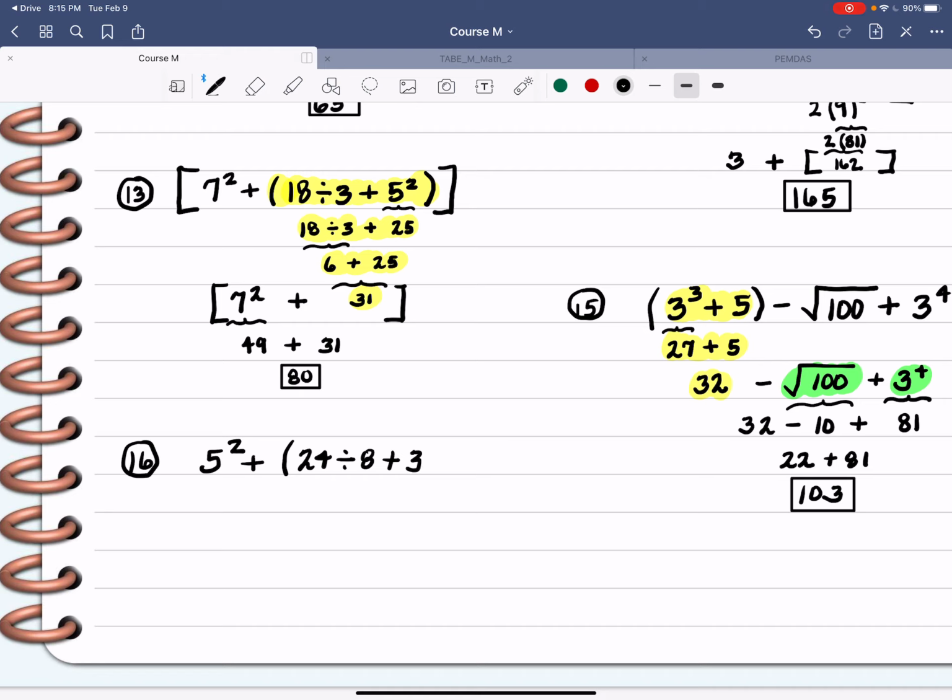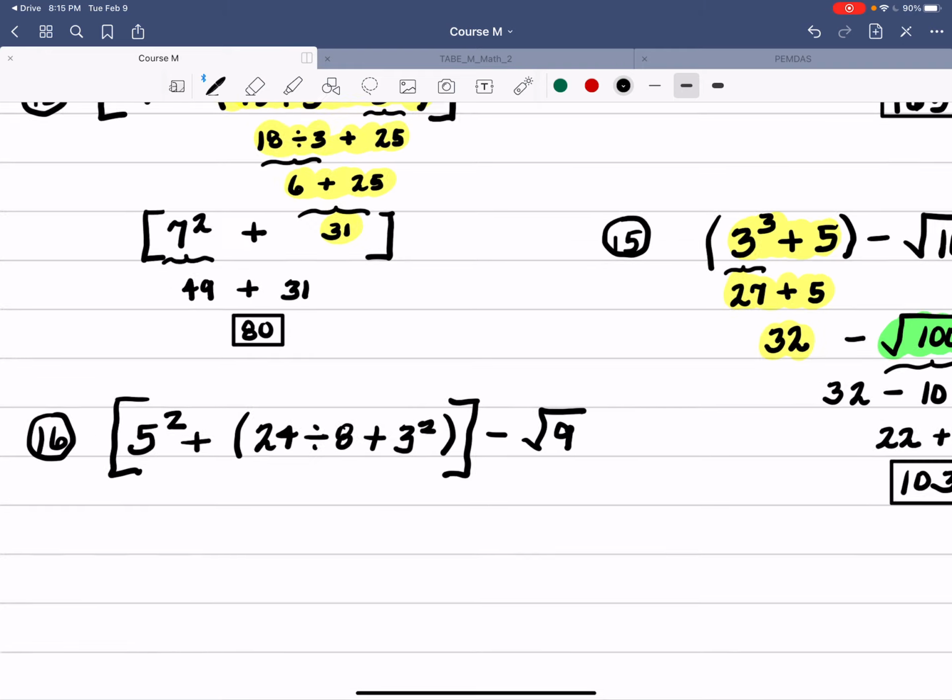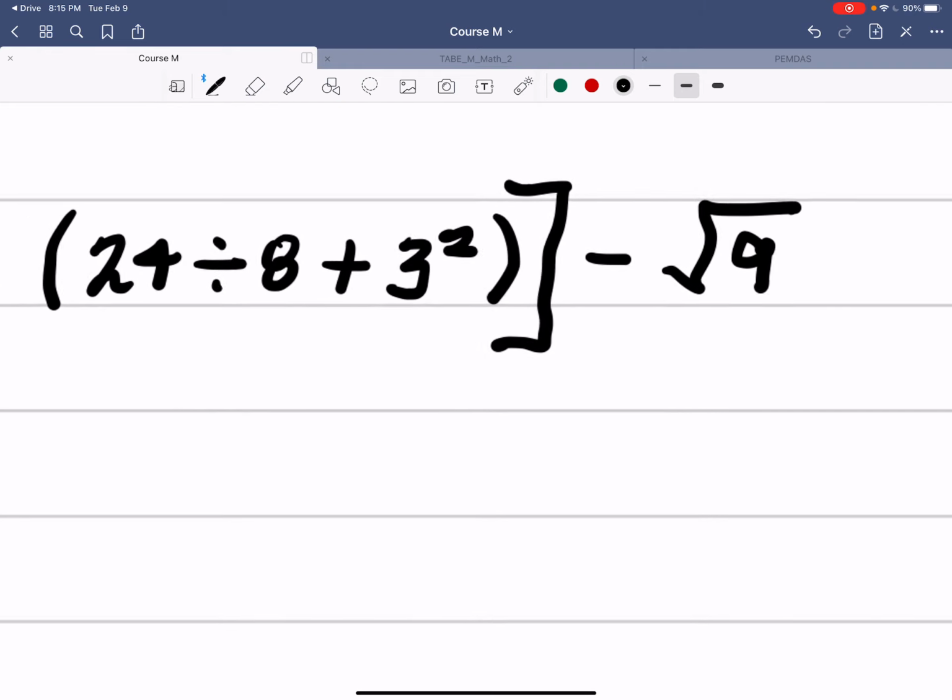Plus 3 squared. Now close. And we're going to put all this in brackets. Minus the square root of 9. We're going out with a bang. This is the last one.